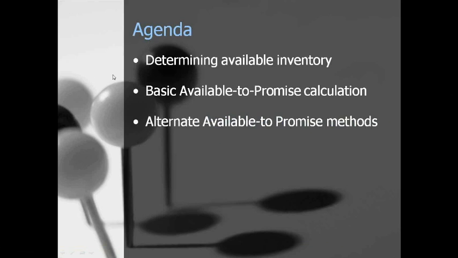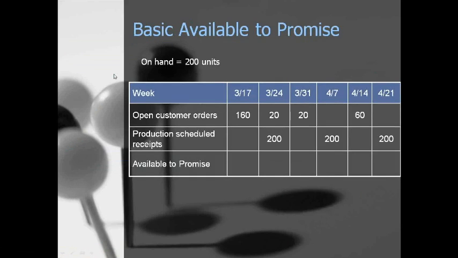Let me get back into the chart here. Computer's taking a while to come back up. If we look at period 324, it's saying that between when that production run comes in on 324 and when the next production run comes in on 4/7, we have 160 units left that we can commit.